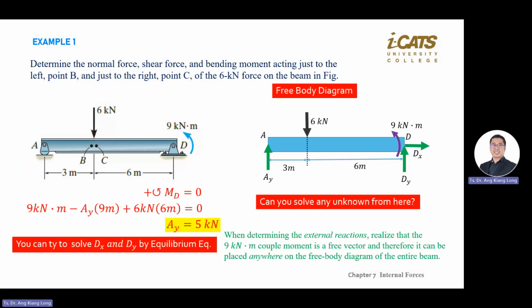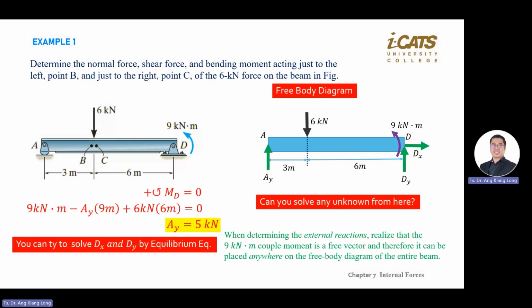So I refer to the diagram: AY goes up, so AY is positive, plus negative the next one, 6 kilonewton. Then DY goes up, so positive DY equals 0. I have AY already, so I substitute from the previous one: 5 kilonewton minus 6 kilonewton plus DY equals 0, DY equals 1 kilonewton. Positive means the direction is correct.